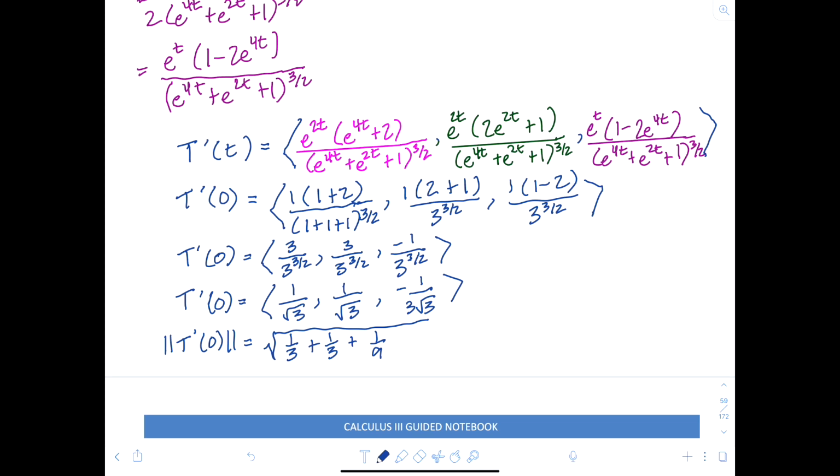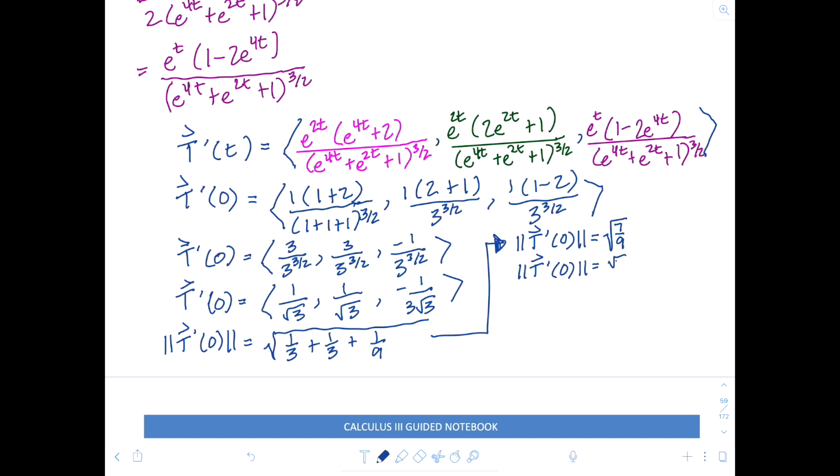Okay, so that gives us that the magnitude of T prime, sorry, these are vectors, at 0 is equal to, what do we get? 2/3 plus 1/9, so that would be 6/9, 7/9. So we have the square root of 7/9. And so the magnitude of T prime at 0 is going to be root 7 over 3.